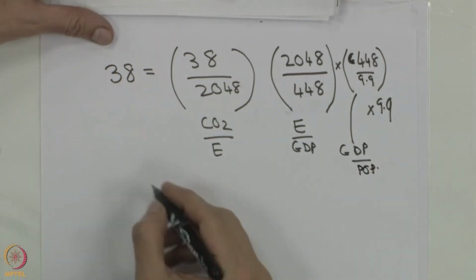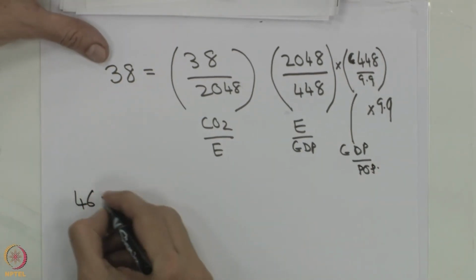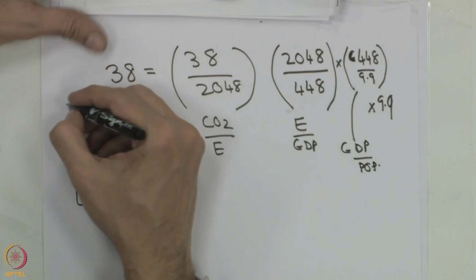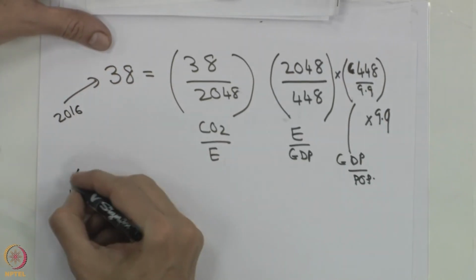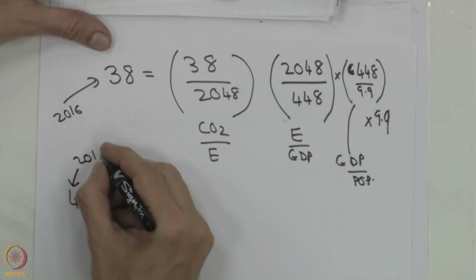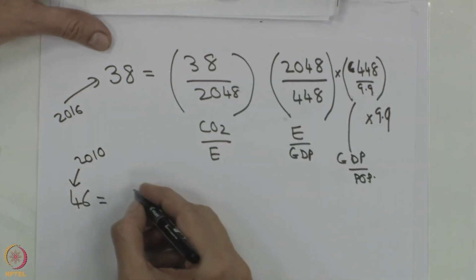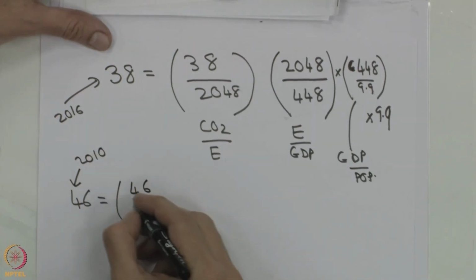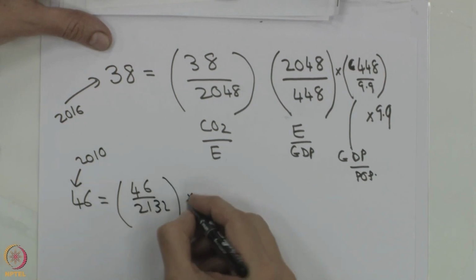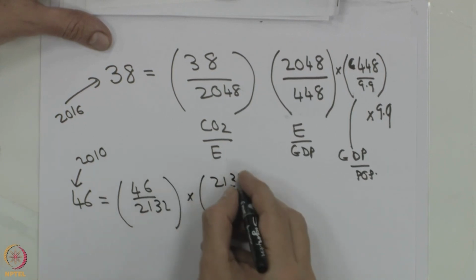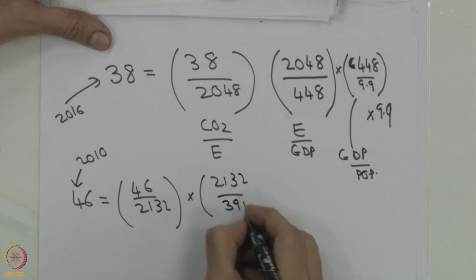And in the next year this becomes 46. This is the recent year, 2016. In 2010 it was 46, which was 46 by 2132, into 2132 by 391.